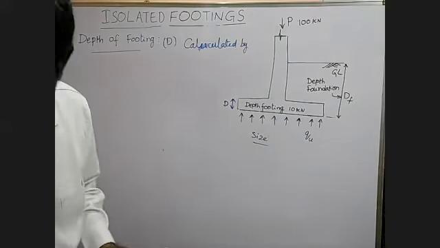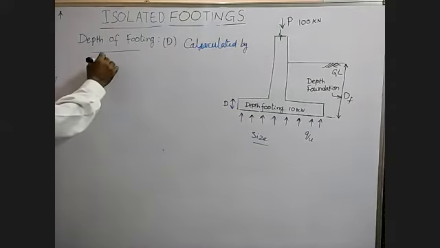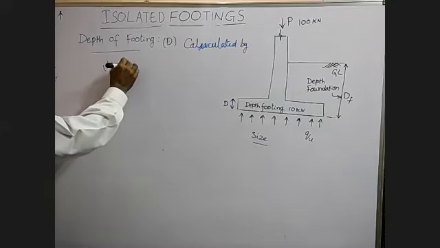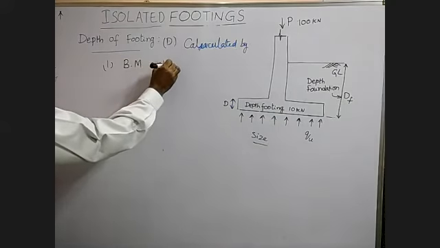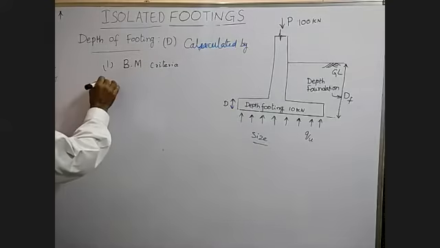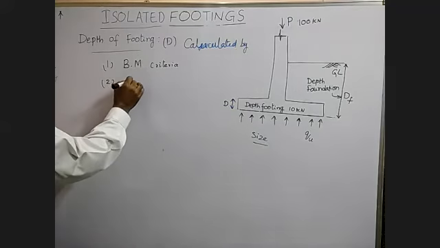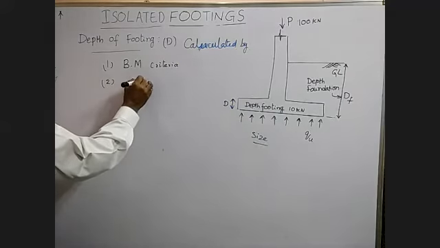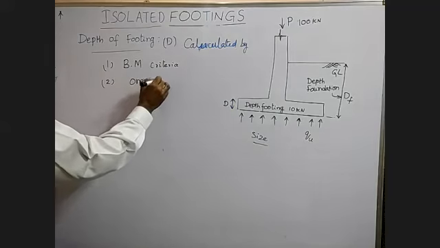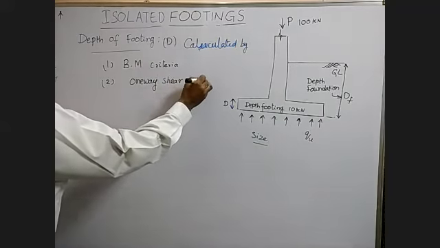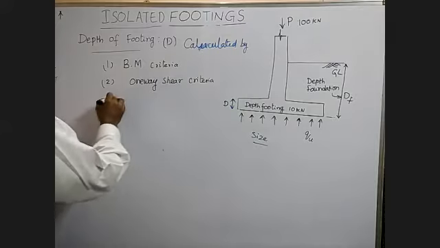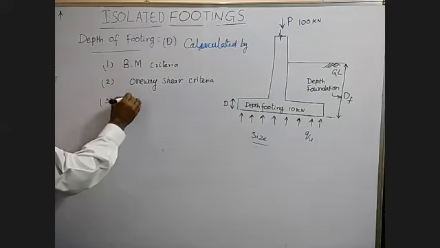One is bending moment criteria. Second one is one-way shear criteria. The third one is two-way shear criteria.